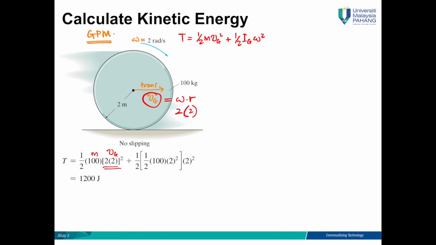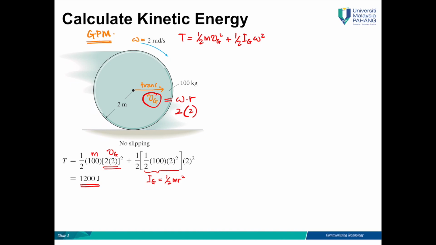And the second term is 1/2 Ig omega squared. This is the Ig of a thin circular disc, Ig is equal to 1/2 m r squared. So this is how you calculate the kinetic energy, and you will get the final answer of 1200 joule.